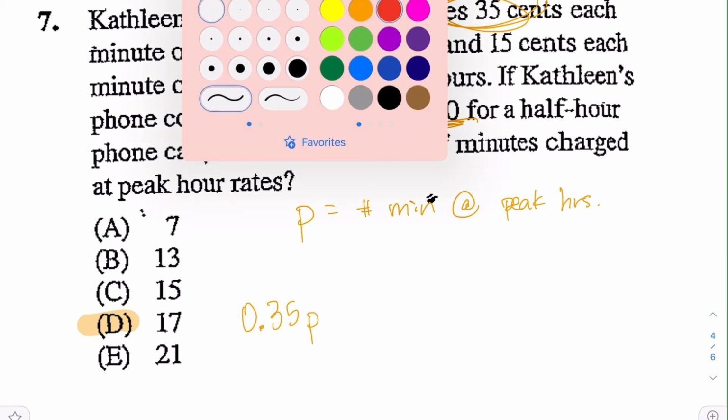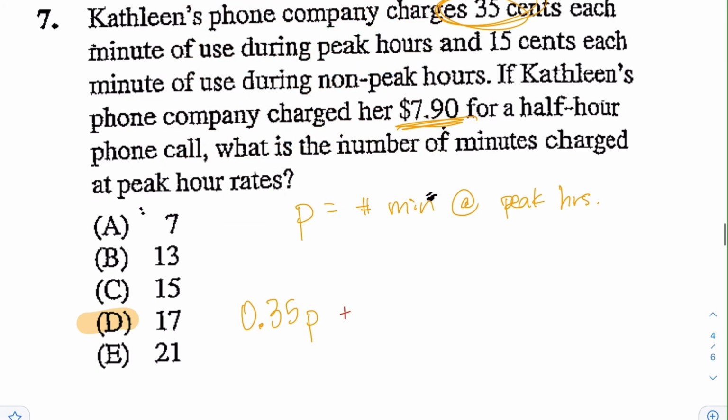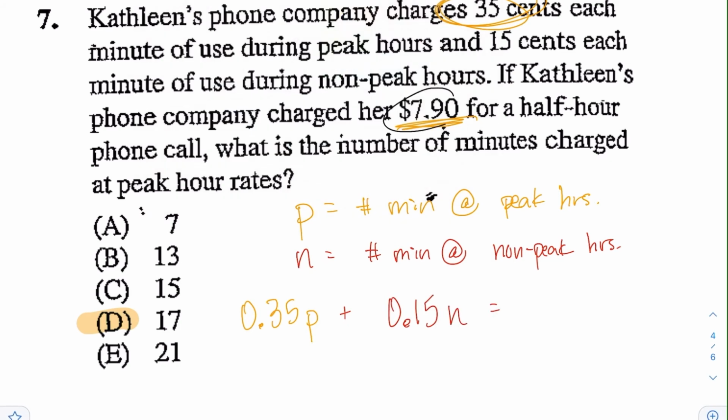Then you have to add it to the time that is non-peak hours. So we can call that N. So N is the number of minutes at non-peak hours. And then you have to multiply that by 15 cents. And the total here will be the $7.90.